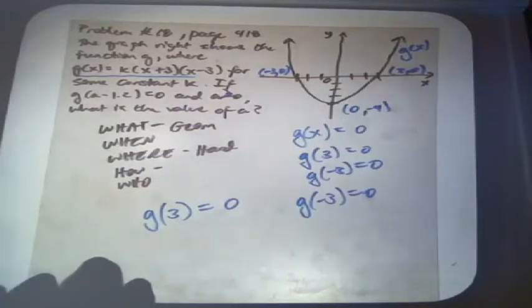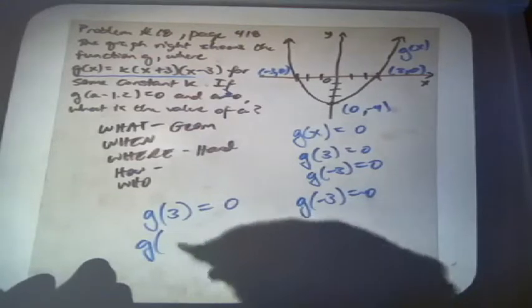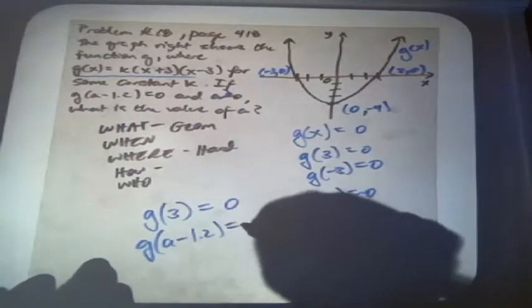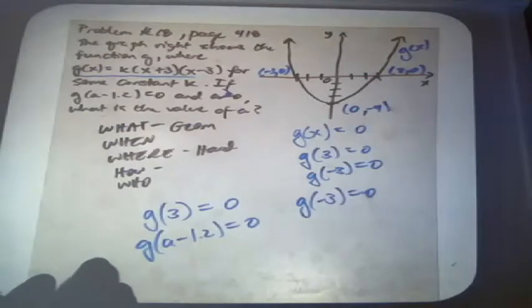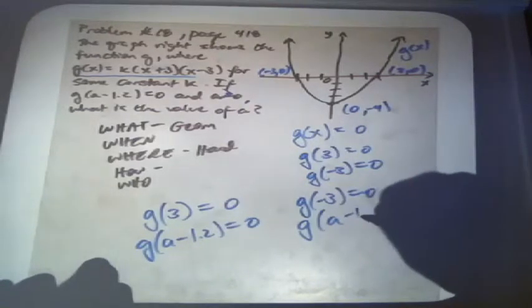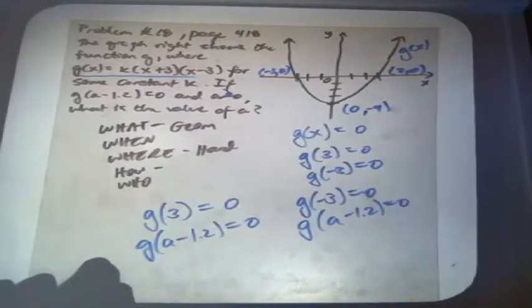And now I'm just going to use some substitution here. What I want to solve for is when the functional value at a minus 1.2 is 0, I can just use substitution like this and solve for a, right?